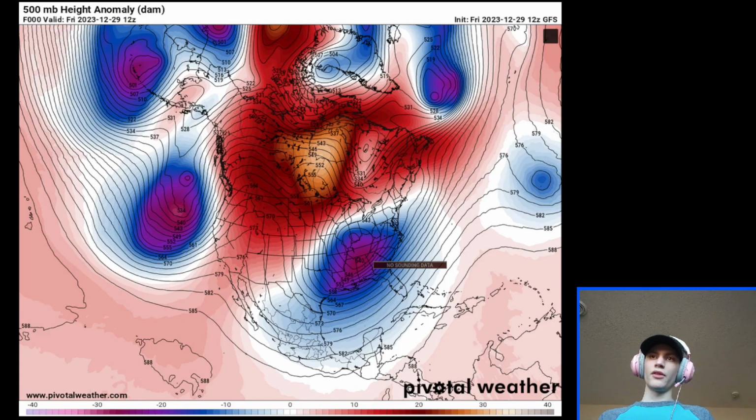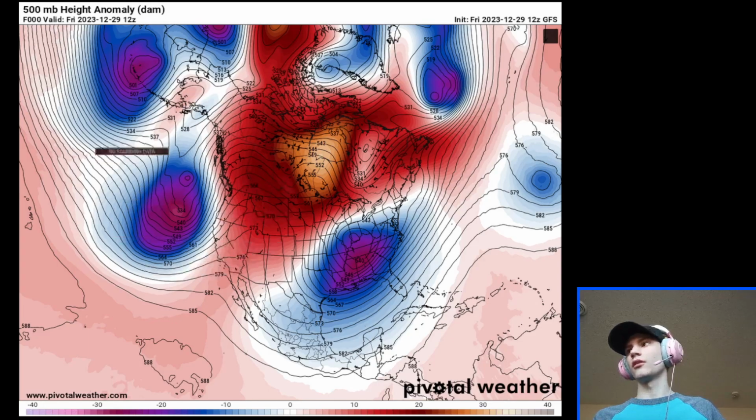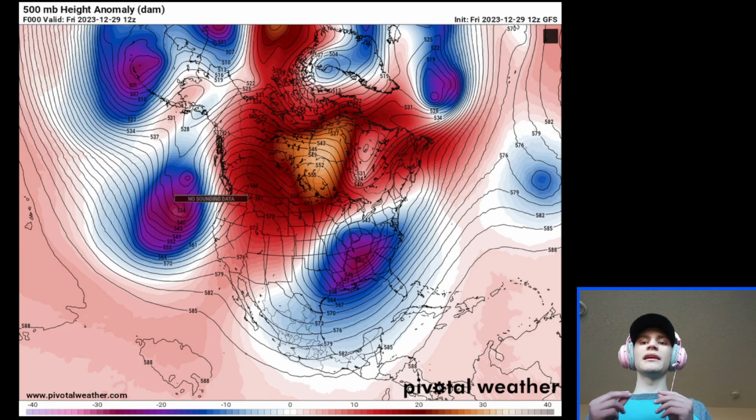So, with that in mind, we can talk about the PNA, or the Pacific North American pattern. We're going to put our focus in this area specifically, and right now we are in what's called positive PNA. So this means low pressure pretty much dominates this area.